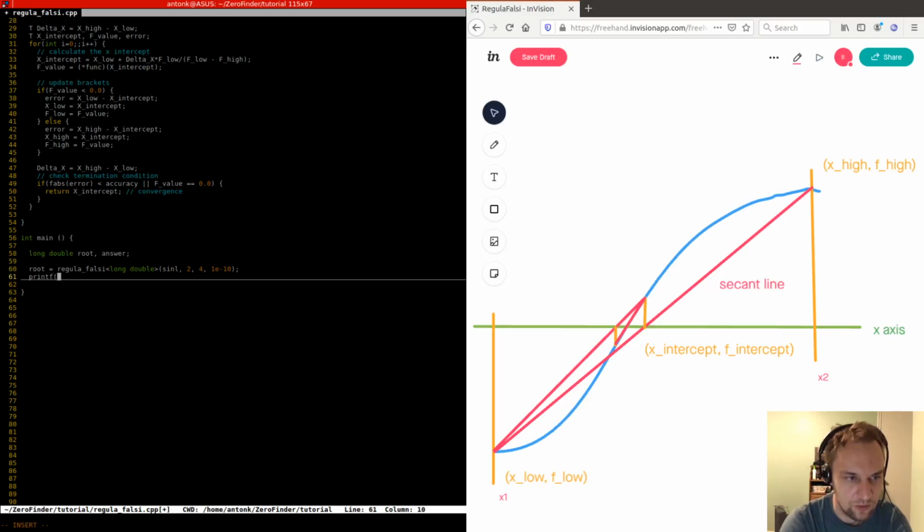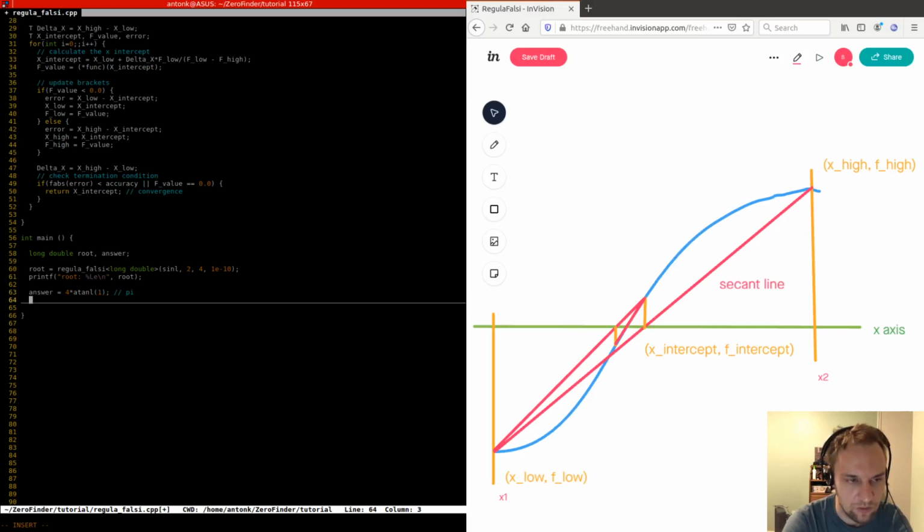And let's print out the answer. So the root is going to be root, and then we know that the answer should be pi, so we set the answer to 4 times arctangent of 1, which is pi. So let's print out that answer.